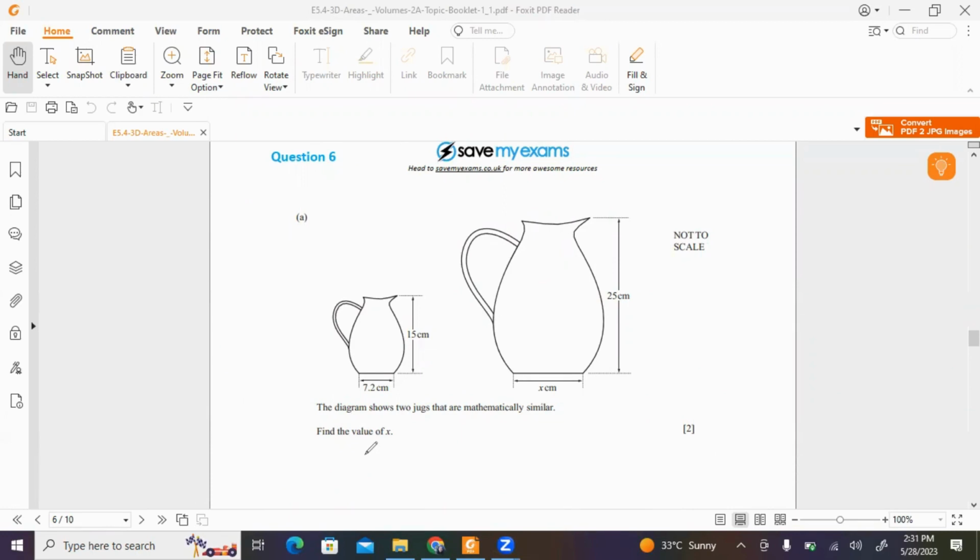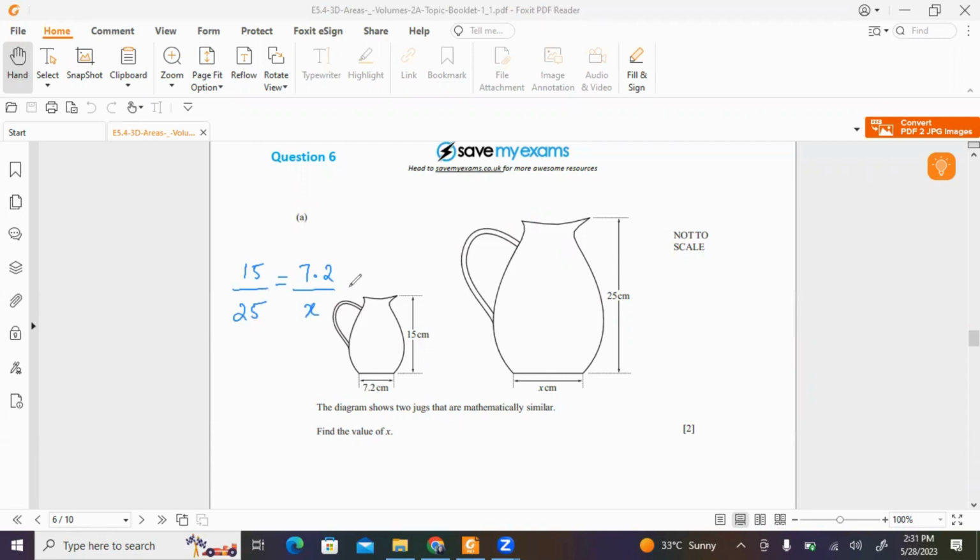So when we have similar shapes, the ratios, when I say the ratio, what I mean is that if I write 15 over 25, 15 over 25 would be the same as 7.2 over x. So we're putting the ratio of height equal to the ratio of the base.